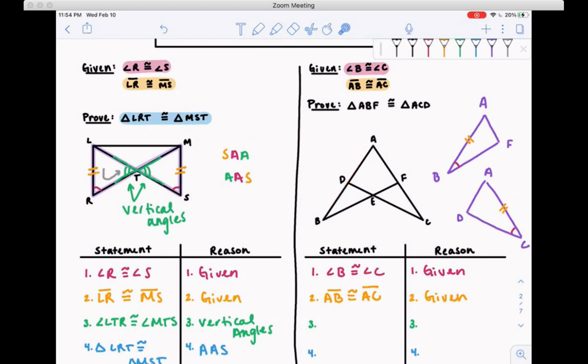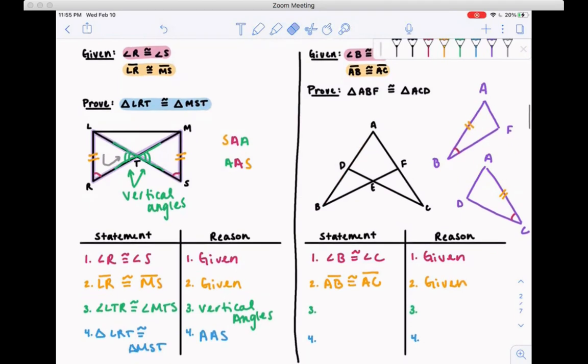Would I put them here or here? If I put the ticks right here, it looks like I'm just saying AD is the side I'm putting the ticks on, when I really want them to be on all of AB. So that's why it can be helpful sometimes to draw the triangles separately.